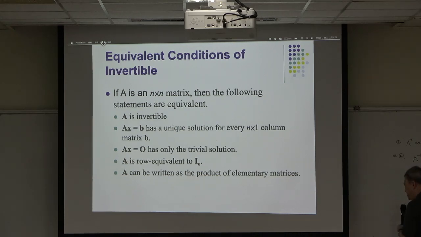How about from 2 to 1? If AX equals B has a unique solution for every n times 1 column matrix B, can we get that A is invertible? If this is A, and you have AX equal to B, how do we solve a system of linear equations? Gauss-Jordan elimination, right?